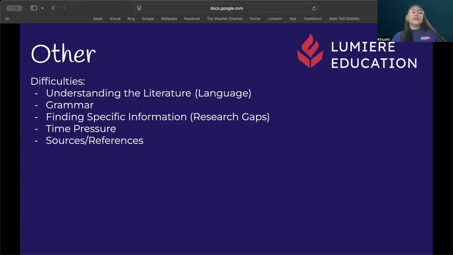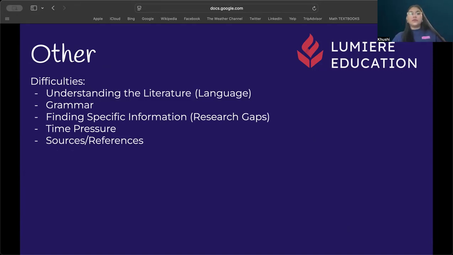Some of the difficulties that I encountered in doing this research were understanding the literature. Sometimes the way things are worded in some of the reviews or articles can be a little difficult to understand. In my paper, I had a little bit of trouble with grammar, commas, apostrophes, things like that.